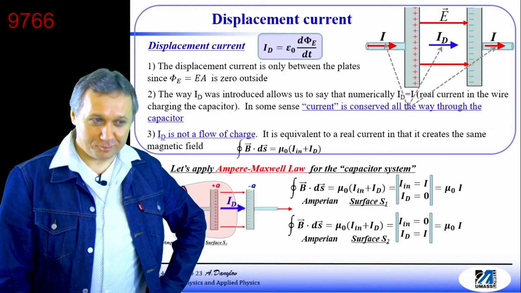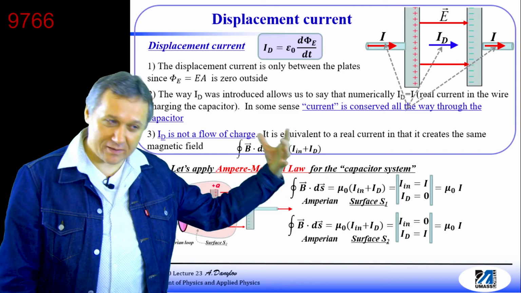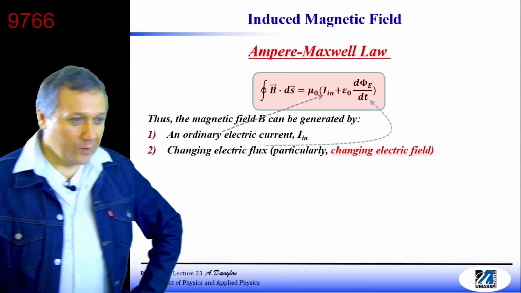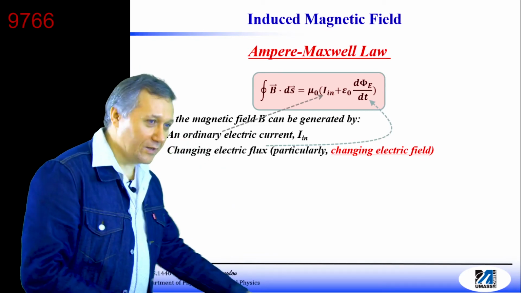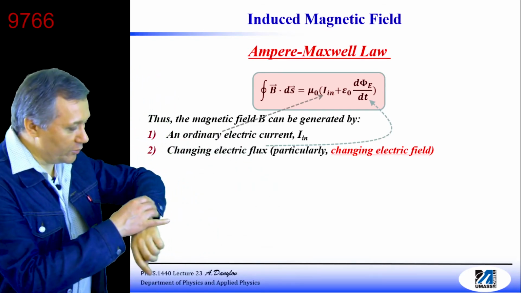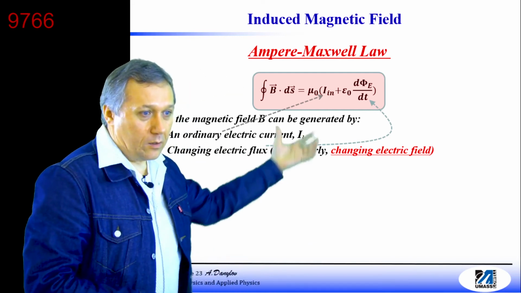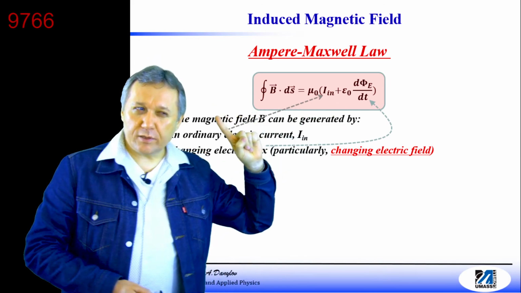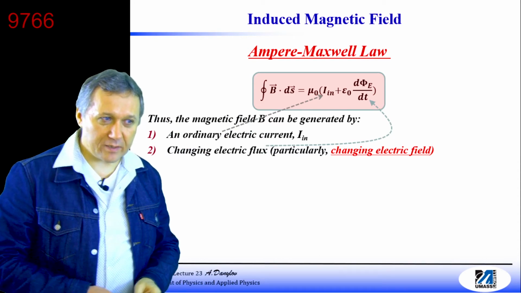Okay, so now Maxwell again found the problem and he managed to fix it. Since it's a very important point, again, I introduce a special slide. You remember the structure of all these Maxwell's equations? They have exactly the same structure.